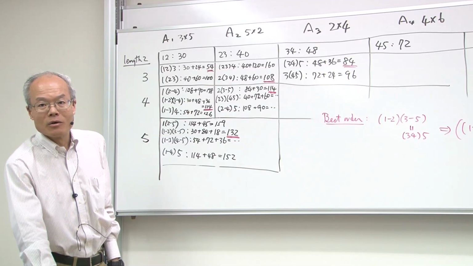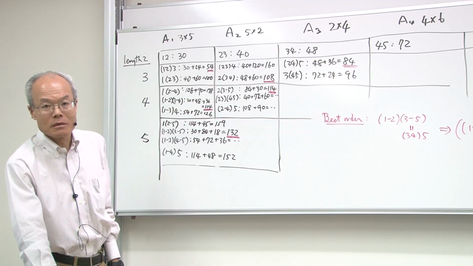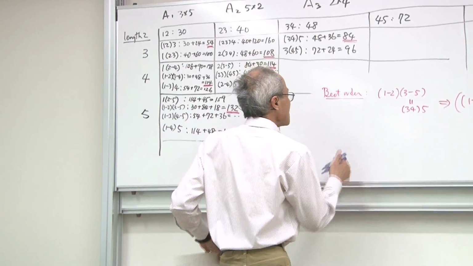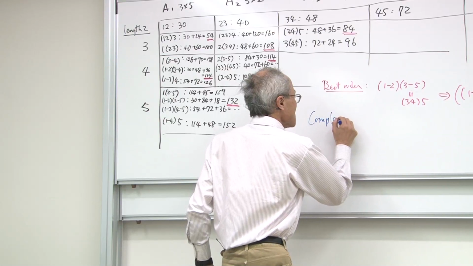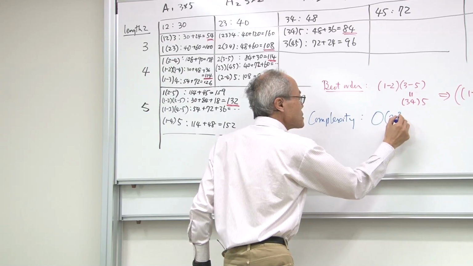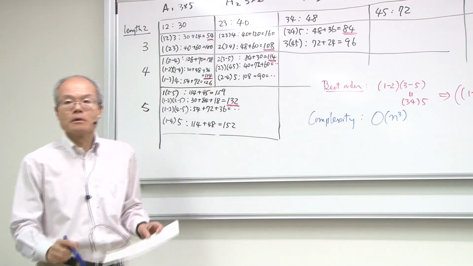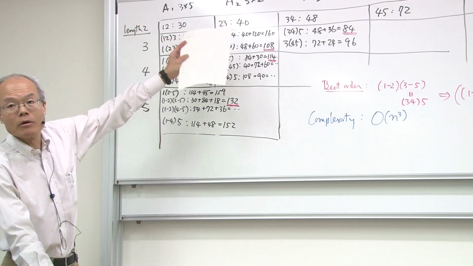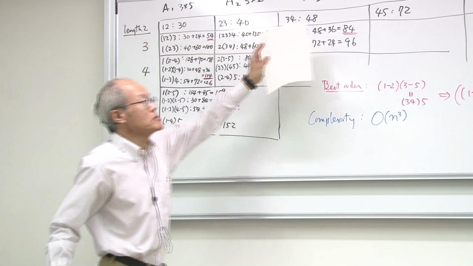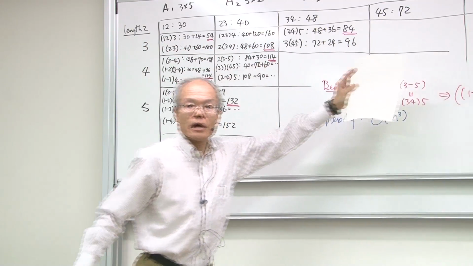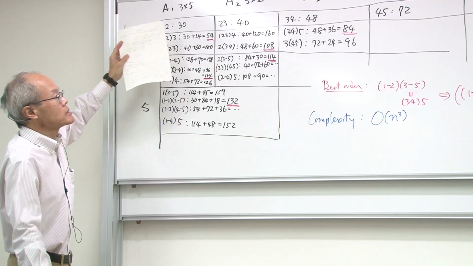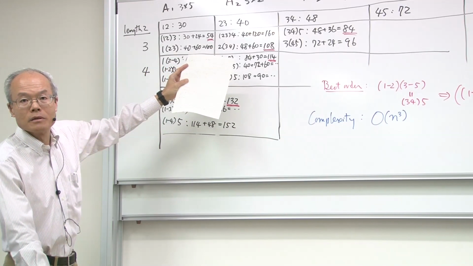What's the complexity? Well, the complexity is something like order n cube. Why? Because the size of this table is n squared. Because we have n matrices and n ranks. The size of this matrix is something like n squared.